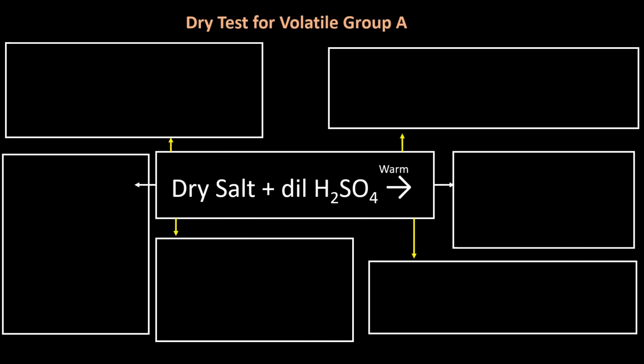Now, coming to the dry test for the volatile group A, that means which produces volatile products with dilute sulfuric acid. We are using here dilute sulfuric acid.